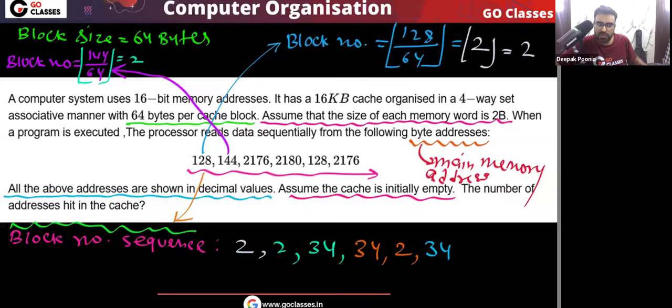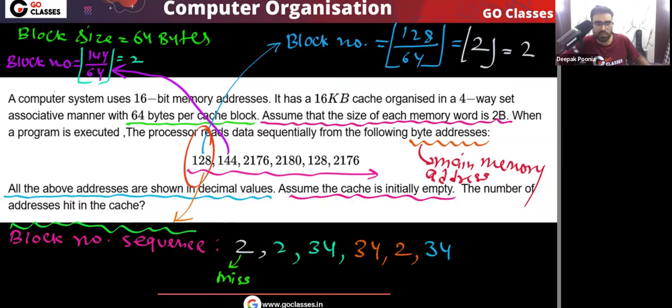But from the main memory, we will fetch a block of data to the cache memory. And this 128 belongs to block number 2. So from the main memory to the cache memory, we will fetch block number 2. For this address there will be a miss.